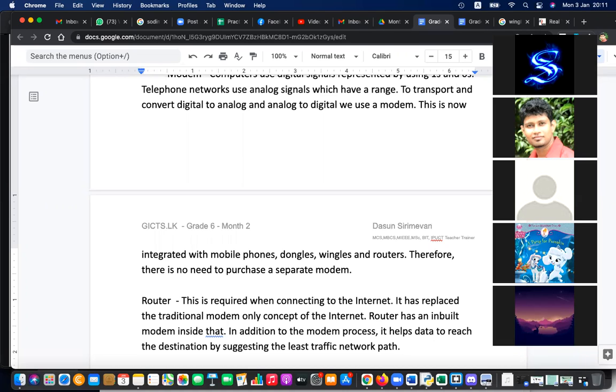So data is fast, therefore it doesn't consider the distance. Going from here to Dubai, Dubai to Australia, Australia to Russia, Russia to Canada, Canada to USA is more distance, but if there is less traffic, it will suggest that. That is the role of your traffic manager, which is the router.